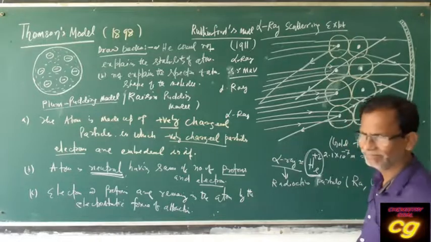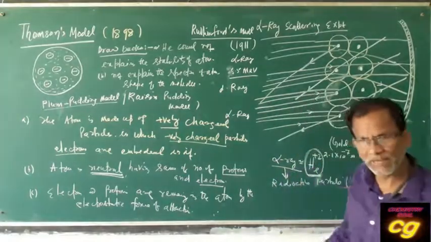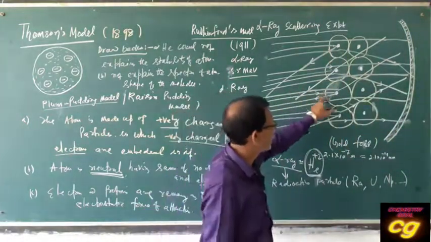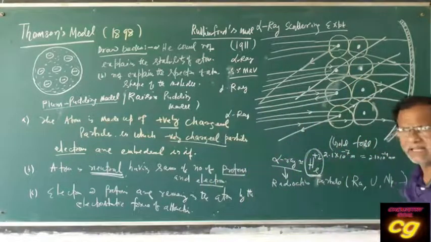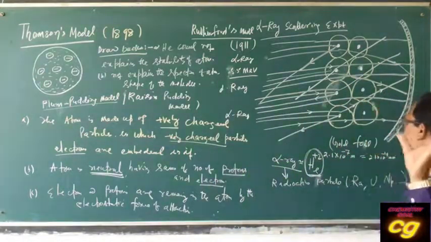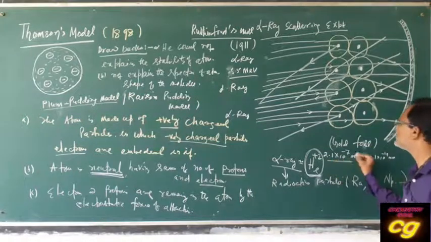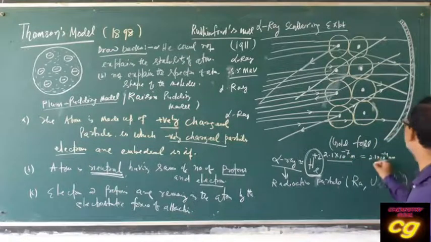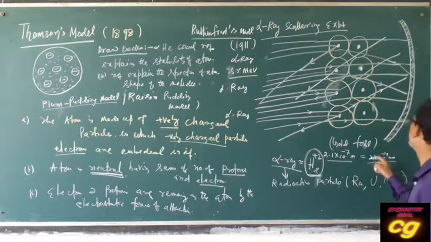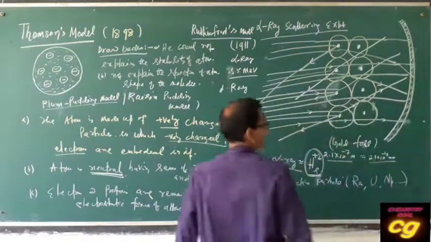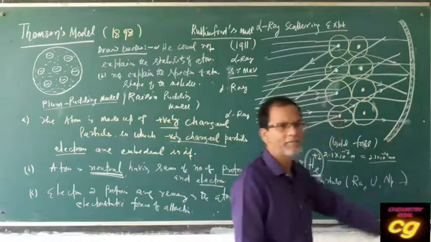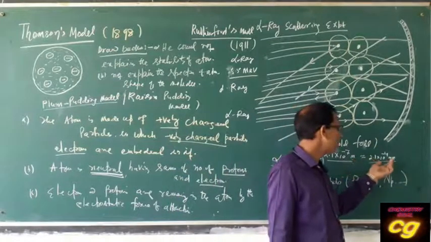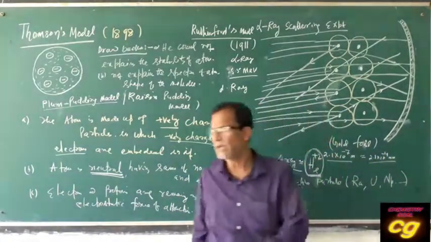It will bombard, it will collide with the gold foil. This gold foil is very thin. Thickness is 2.1 into 10 to the power minus 7 meter, that means in millimeter, 2.1 into 10 to the power minus 4 millimeter, very thin.